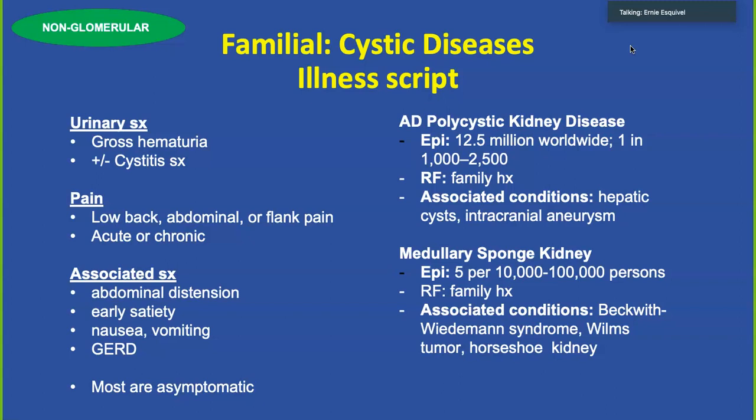ADPKD is probably the most common genetic disease, and so it's really not that unusual. It's important to keep that in the back of your mind in patients who present with abnormal creatinines or somebody who comes in with gross hematuria from hemorrhage in the cysts.